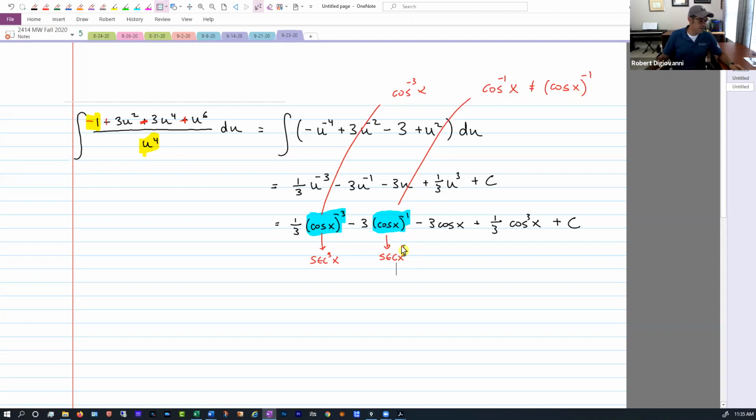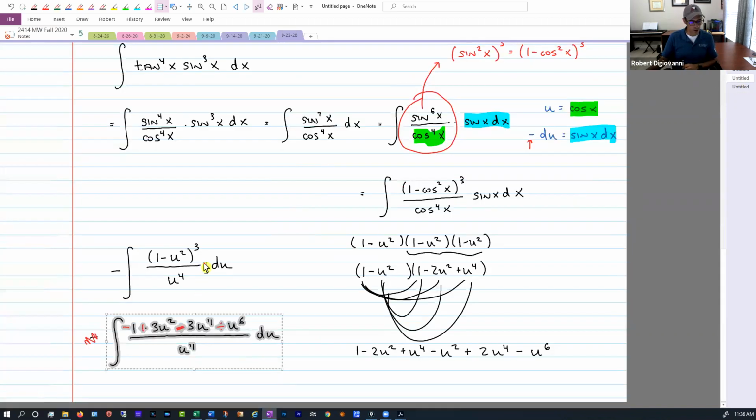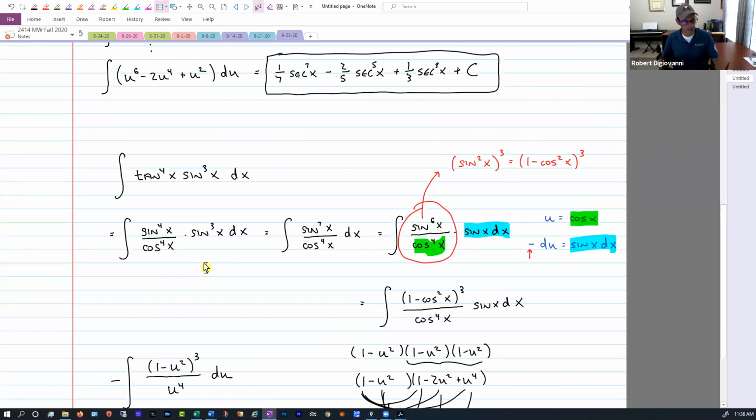So Christian, I hope that illustrates that if you do have a problem where you have a mixture of secants and cosines or tangents and sines or something like that, just try and get everything over to sine and cosine and then hope for the best. This one worked. I will say that if you would have changed that problem, if you would have told me in the very beginning, what if we had tangent to the 5th? I think I would have been stuck because I would have had 5th here.